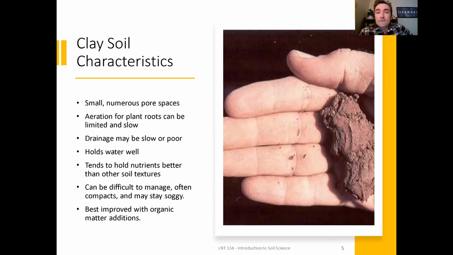On the other hand, you have clay soil. Clay soil is also not too bad to grow in, but you need to treat it properly. So in this case, we have small, numerous pore spaces. And so because it's so small, lack of large spaces, aeration is the problem. Drainage is the problem.